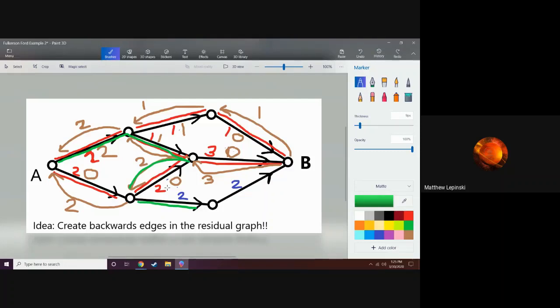So in our residual graph here, for every edge, so this edge we have 2 more forward capacity and 2 backtracking capacity. This edge, 1 forward capacity, which is this brown number here, and 1 backtracking capacity, which is this brown number here.